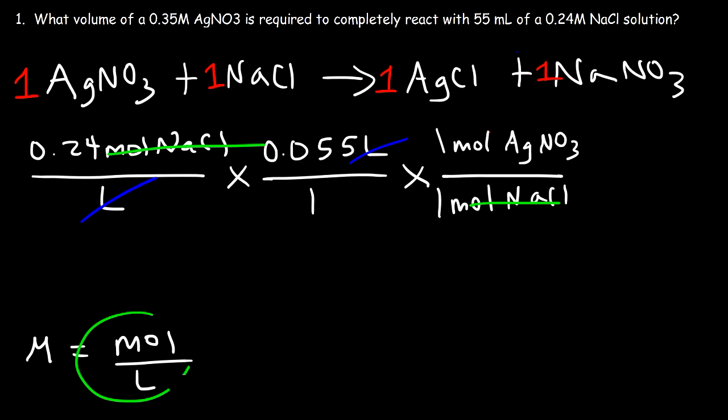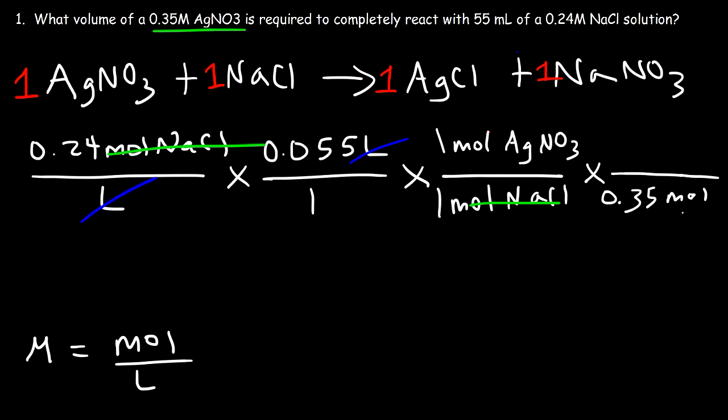We can do that using the molarity of the silver nitrate solution. A 0.35 molar solution means that there's 0.35 moles of silver nitrate per 1 liter of solution. So now we can get rid of these units, and we have the volume in liters.